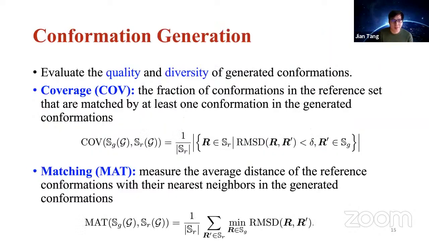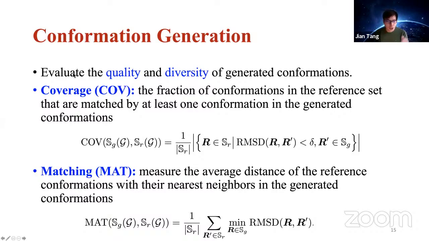We can also look at some quantitative results. We evaluate the quality of the conformations based on two metrics: one is quality, and the other is diversity. For diversity, we evaluate the coverage of the conformations we generated. We measure the percentage of the conformations in the reference set that can be identified by the generated conformations.